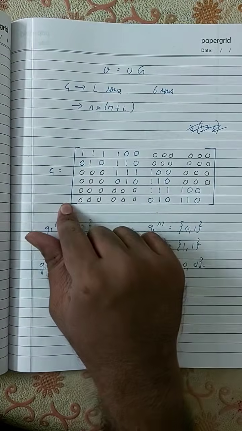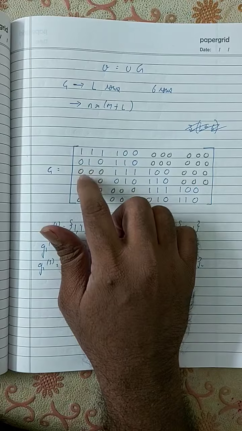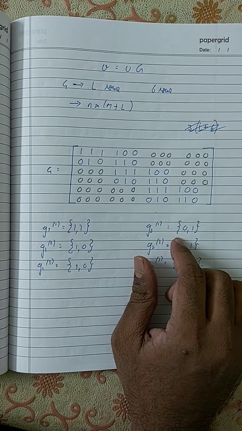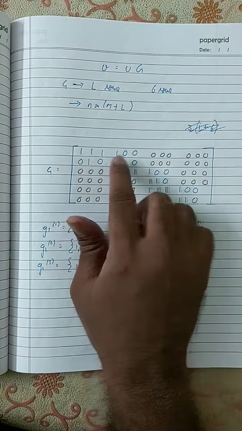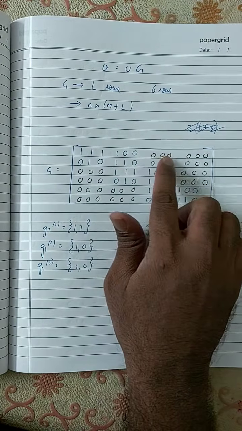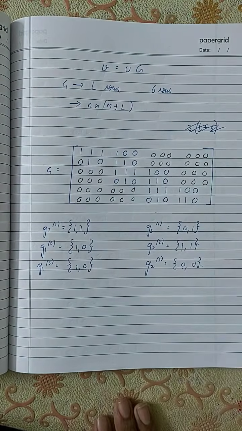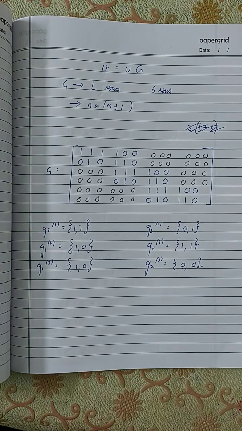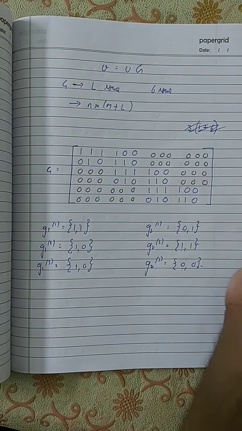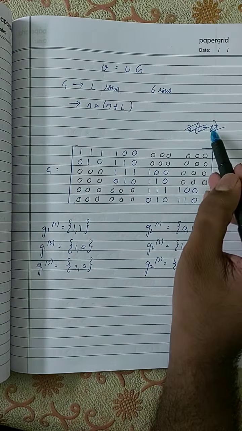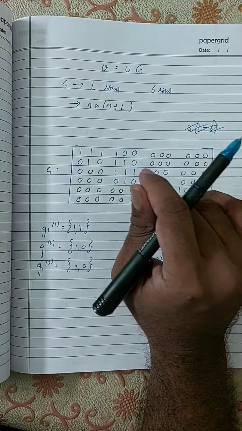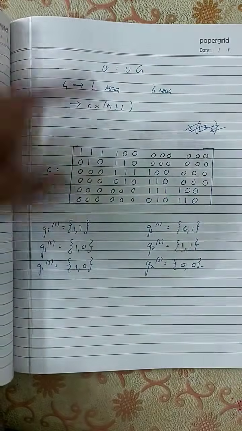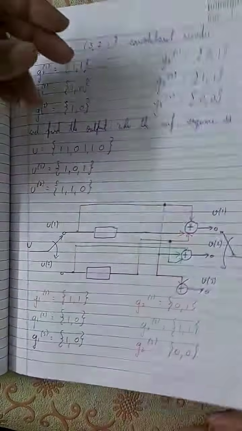So now let's see how many rows there are. 1 2 3 4 5 6. There are 6 rows, and if you look over here, there are 1 2 3 4 5 6 7 8 9 10 11 12. So that means there are 12 rows. Actually it's not 6, it's 3, because this calculation is done based on the information sequence per input.